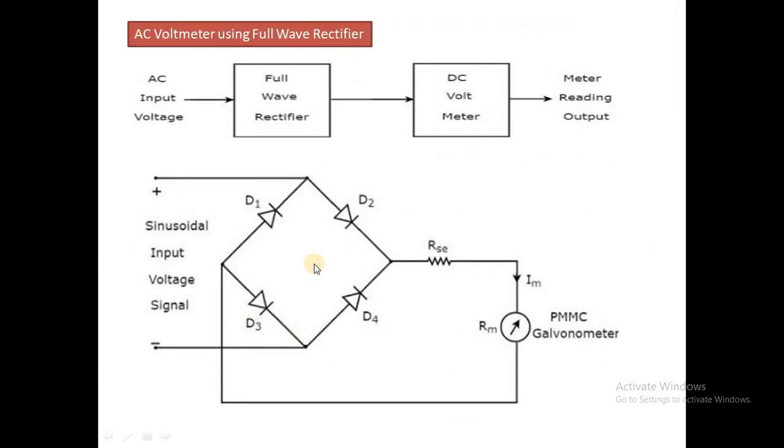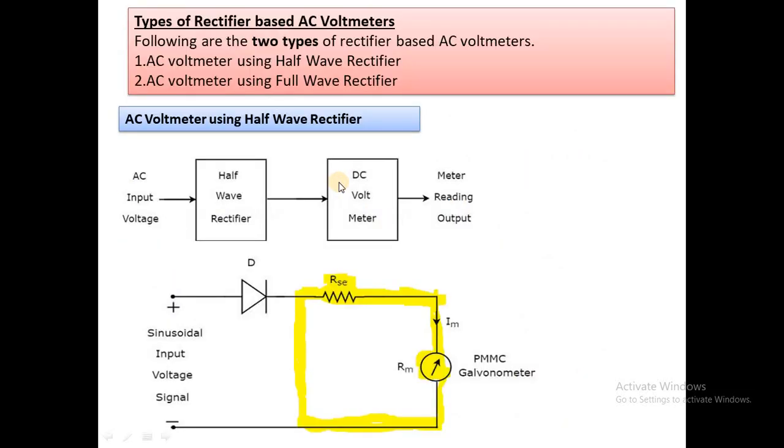Here it is a full wave rectifier. If you want to obtain the AC voltmeter using a full wave rectifier, we have to insert the full wave rectifier circuit at the input of the DC voltmeter. Up to this part we call the DC voltmeter. If you want an AC voltmeter using a half wave rectifier, we just have to insert the half wave rectifier.